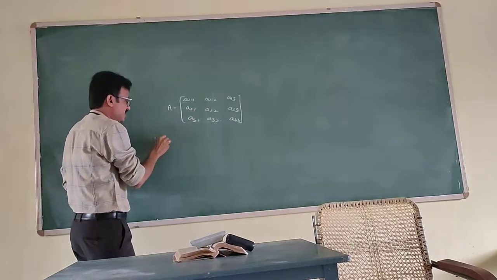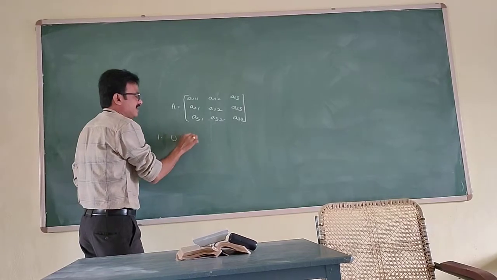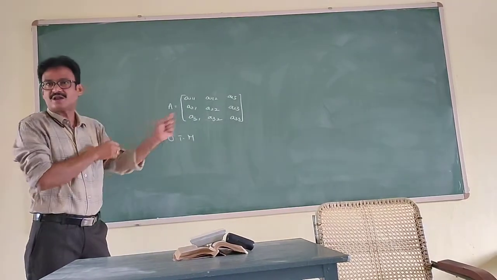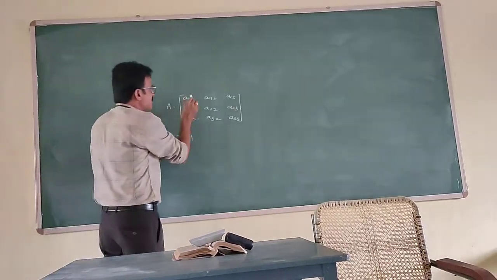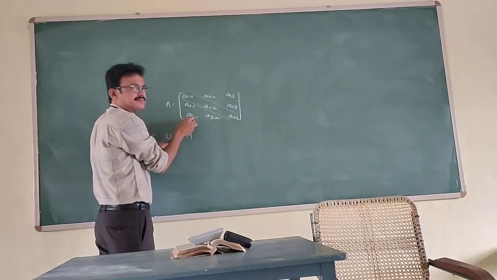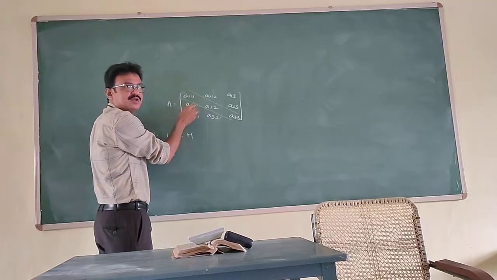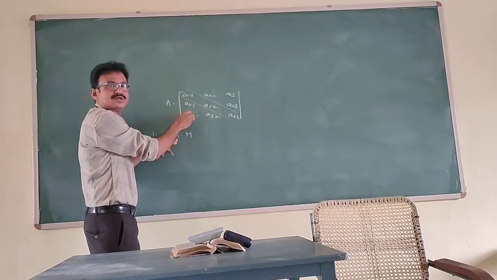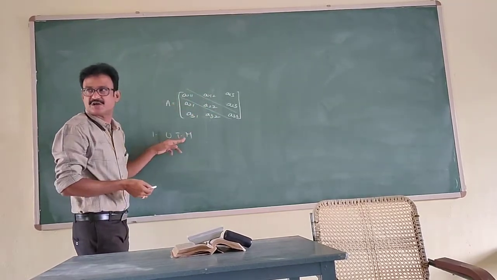So here the first one is the upper triangular matrix. If all the elements below the diagonal are 0, then it is an upper triangular matrix.